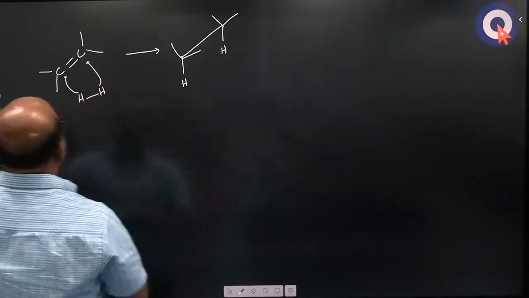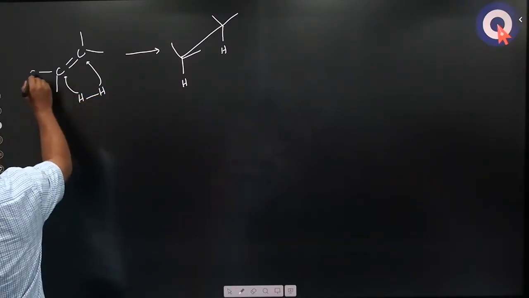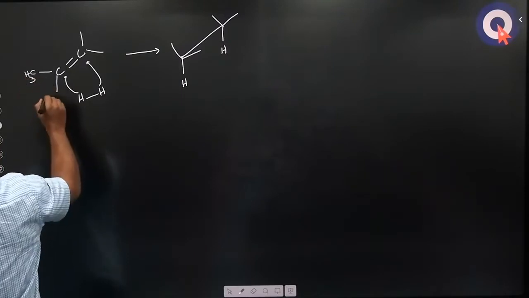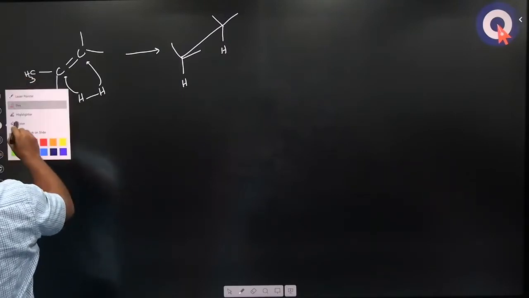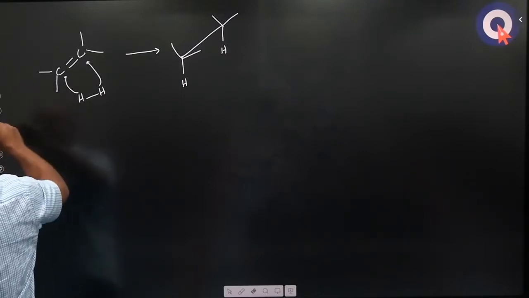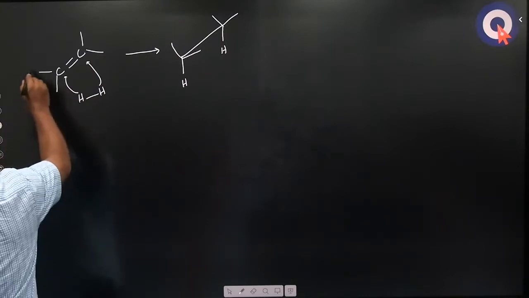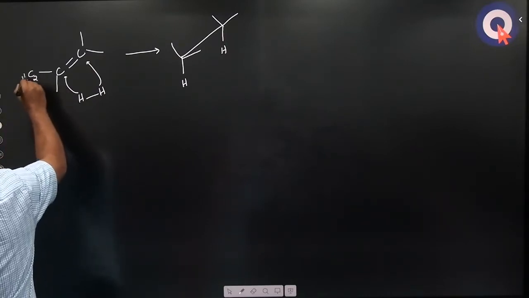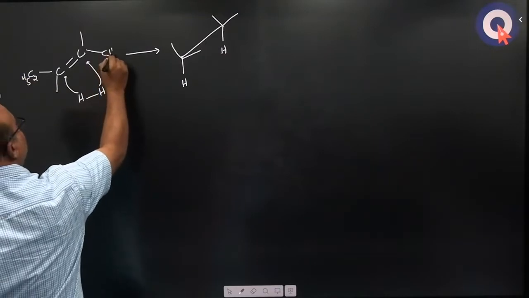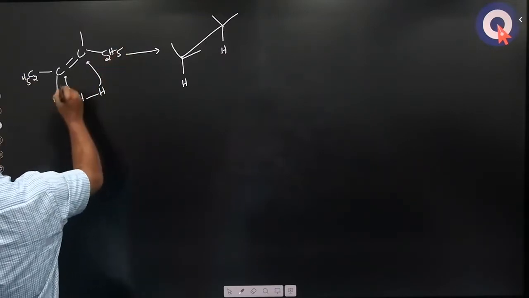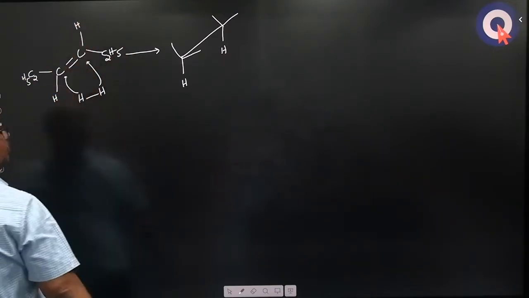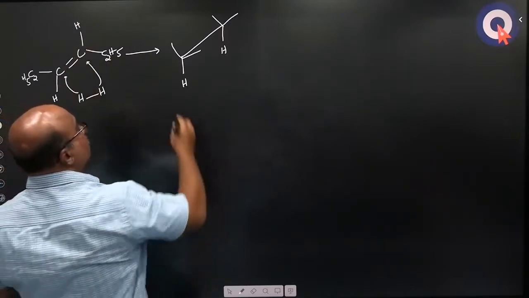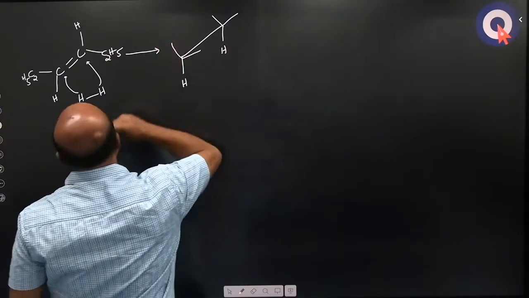So, if we take the compound with this configuration, let us take the given one already. What was the given one? It was trans, the first one. So, C2H5 here, C2H5 here, hydrogen here and hydrogen here. Now what will this give?